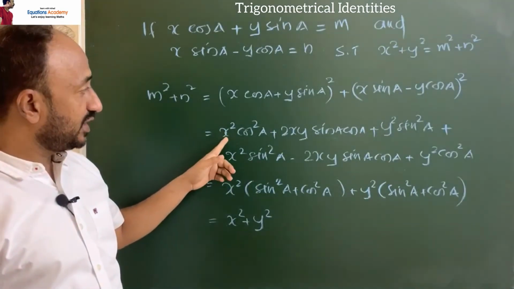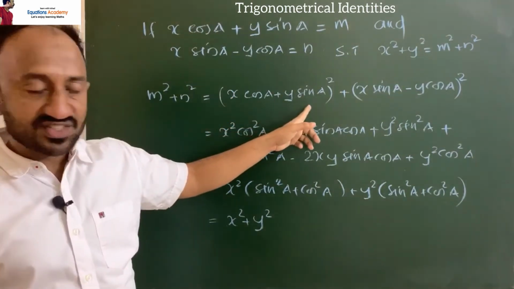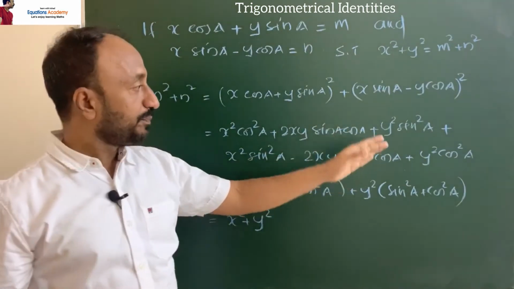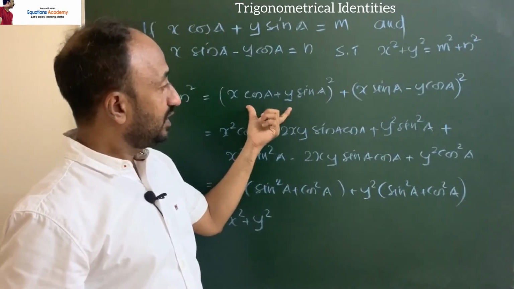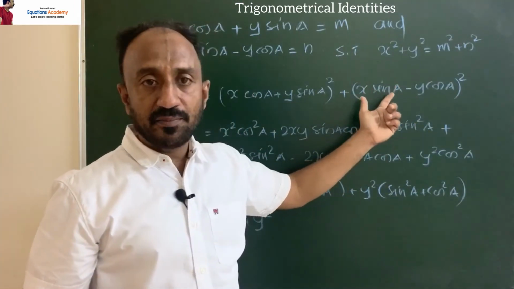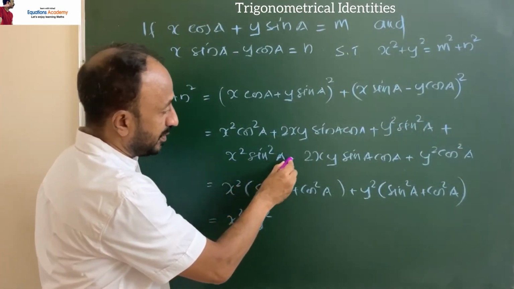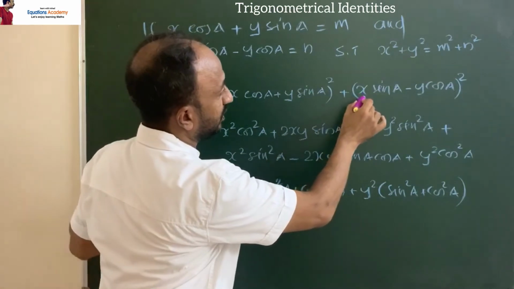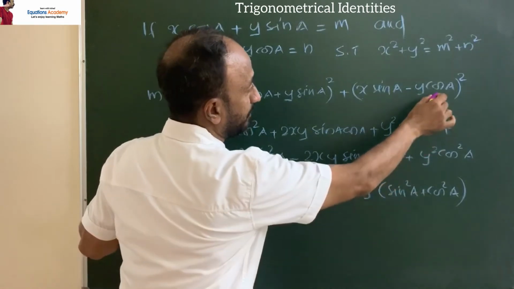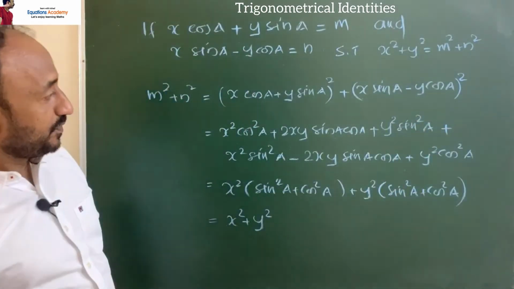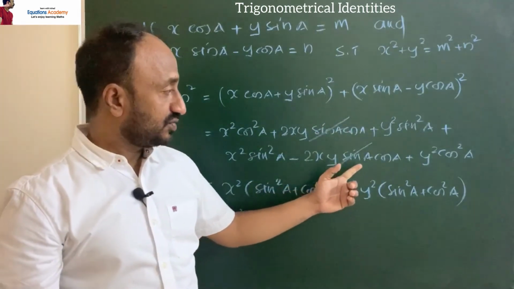So x square cos square A plus 2 into x cos A into y sin A, that means 2xy sin A cos A, plus y square sin square A. Plus, this is a minus b whole square: x square sin square A minus 2 into x sin A into y cos A, 2xy sin A cos A, plus y square cos square A. Now plus 2xy sin A cos A minus 2xy sin A cos A cancel.